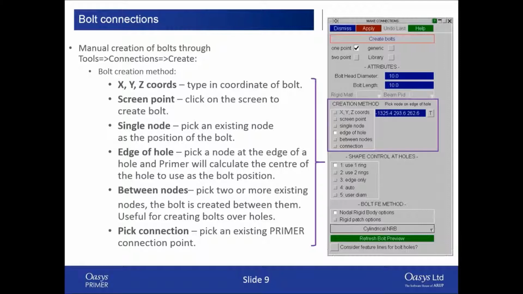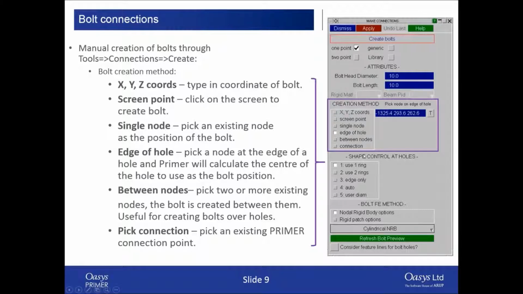Between nodes is similar, where you can select any number of nodes and Primer will automatically find the central point and use that as the coordinate input for the creation of the bolt. And then pick connection, if you already have a connection entity within the model you can use, and I'll explain what that is in a minute.